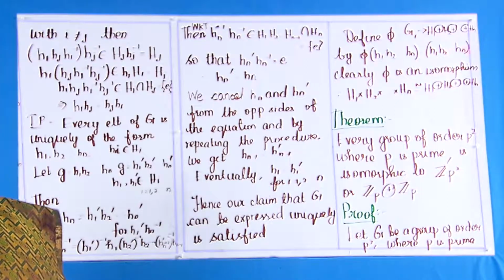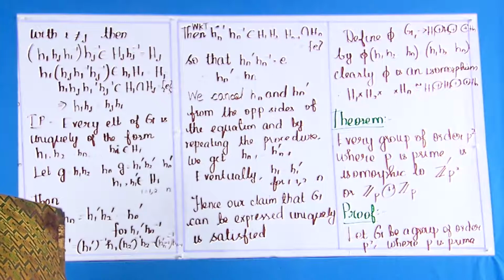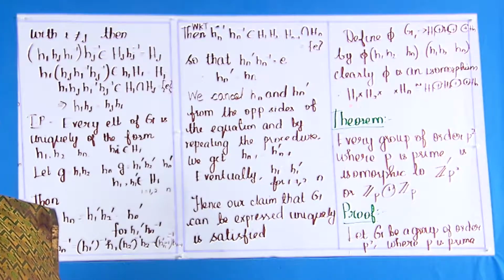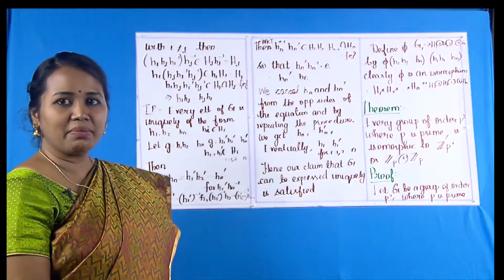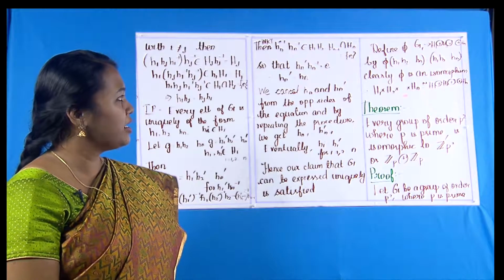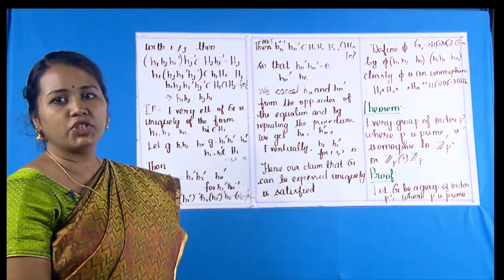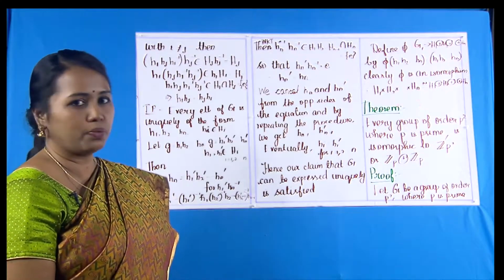Here it is the direct product. Clearly phi is an isomorphism, and therefore H1 internal direct product H2, so on up to Hn is isomorphic to the external direct product of H1, H2, so on up to Hn. This statement is not always true. It is only true because H1, H2, so on up to Hn are the subgroups.